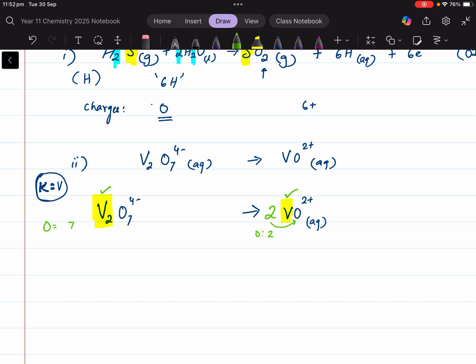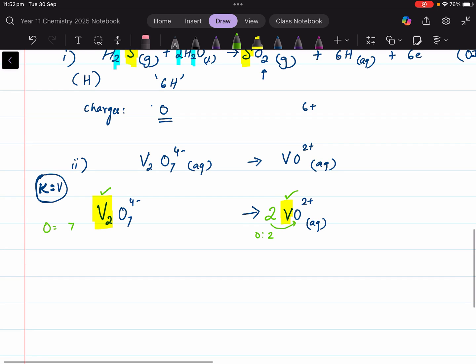I'm really short of 5 oxygens on the right hand side. So I'm going to add 5 waters for that to compensate for the 5 oxygens that are short on the right hand side.